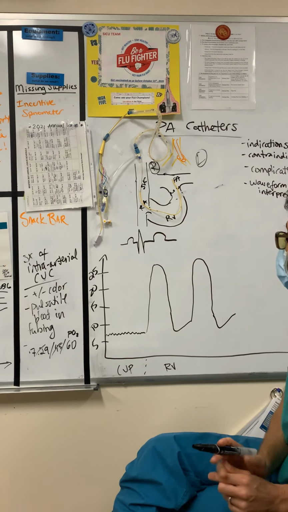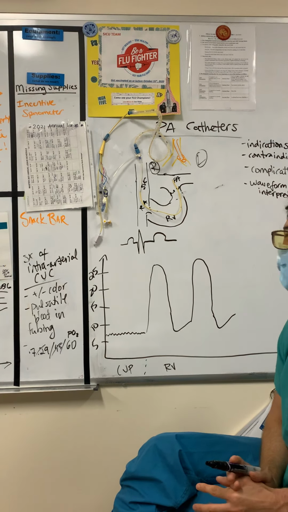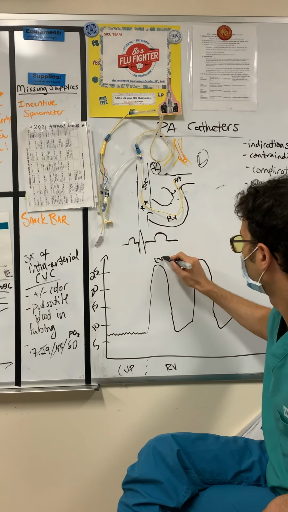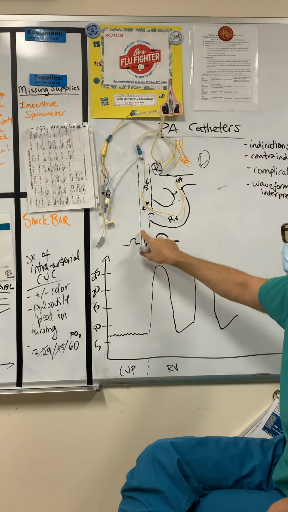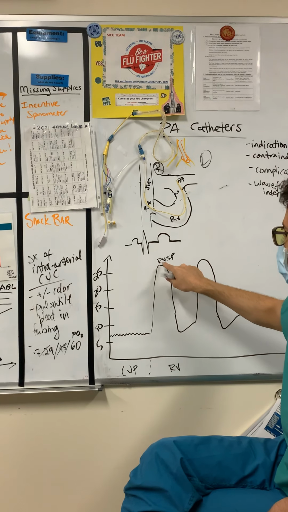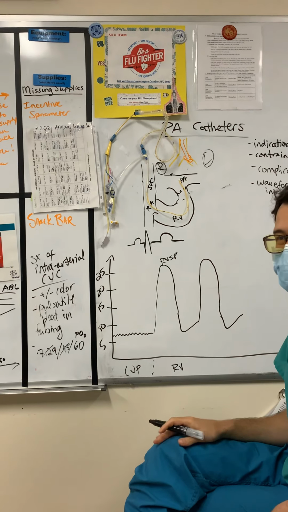We'll get to wedge pressure eventually, but we're not quite there. Yeah, it's your right ventricular systolic pressure, because we said we're in the RV. This is systole, between the peak of the QRS and the end of the T wave. So the peak pressure during systole is here. What would that make this number down here? Lowest number.